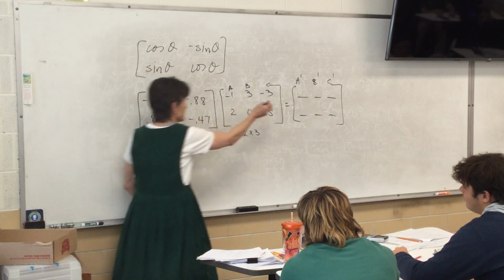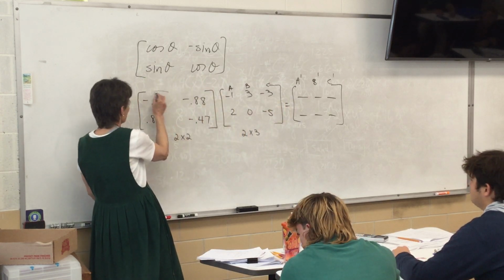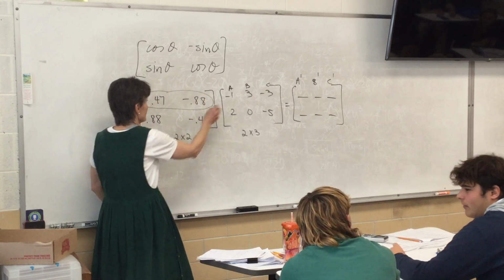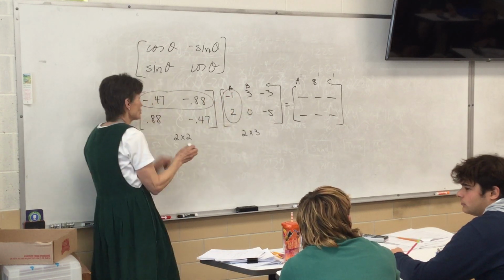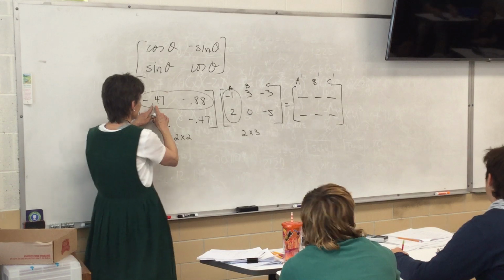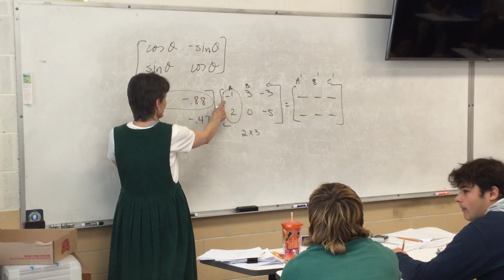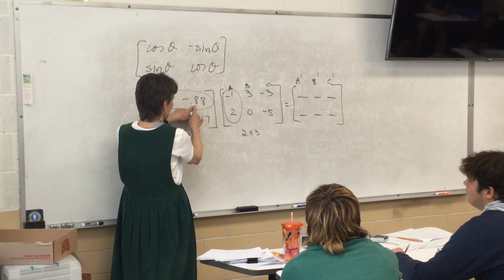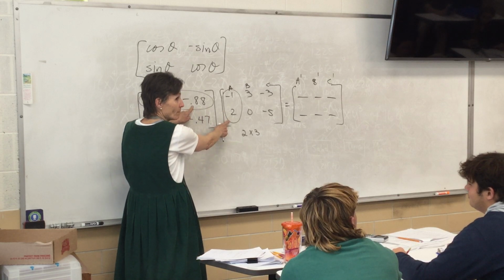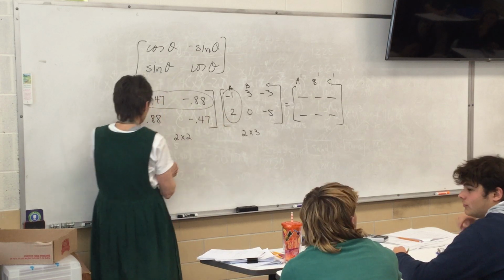So, to get this one, remember how this works. We take the first row times the first column. So we're going to take negative 0.47 times negative 1, and we're going to add negative 0.88 times 2. Everybody remember that? If you need to write it down, write it down.